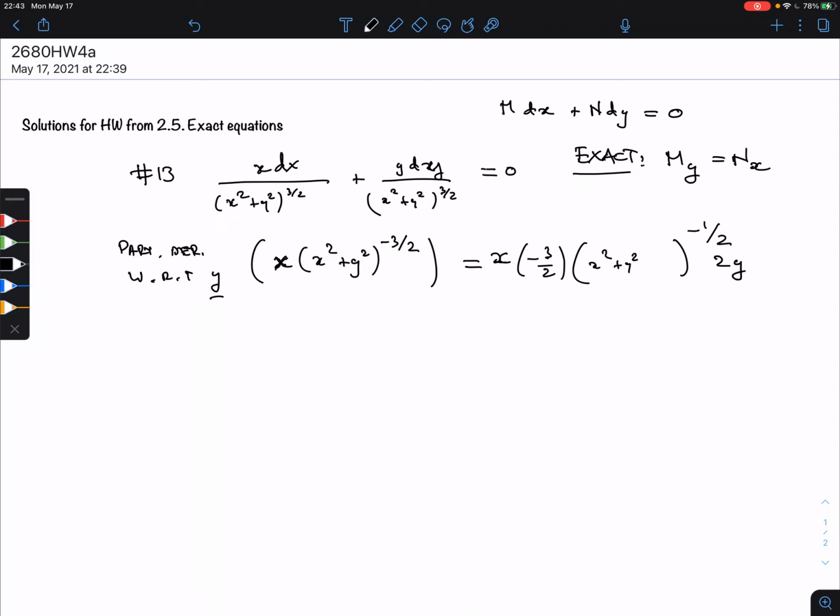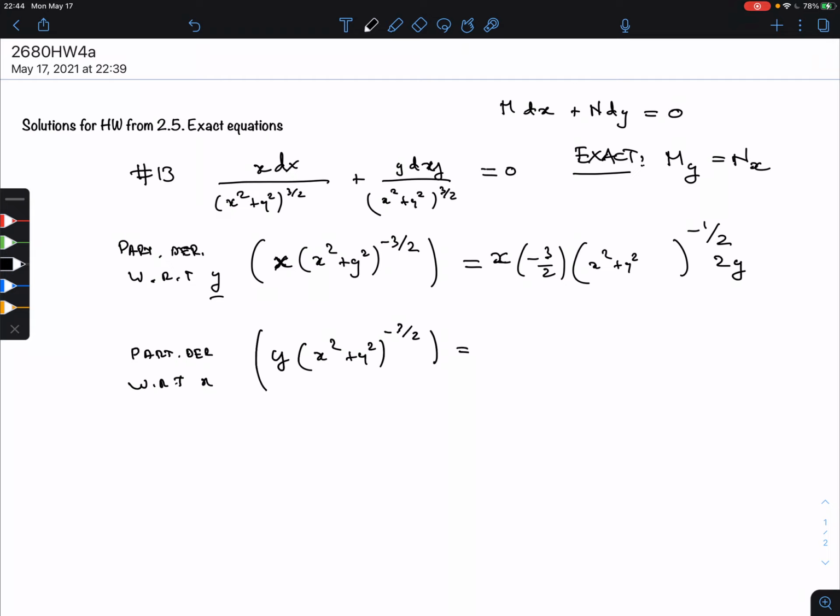Now, let's do the partial derivative with respect to x of this other guy. That was y over, again, I don't like the quotient rule, so I'm going to do it this way: x squared plus y squared to the power minus 3/2, and I have to do this with respect to x.